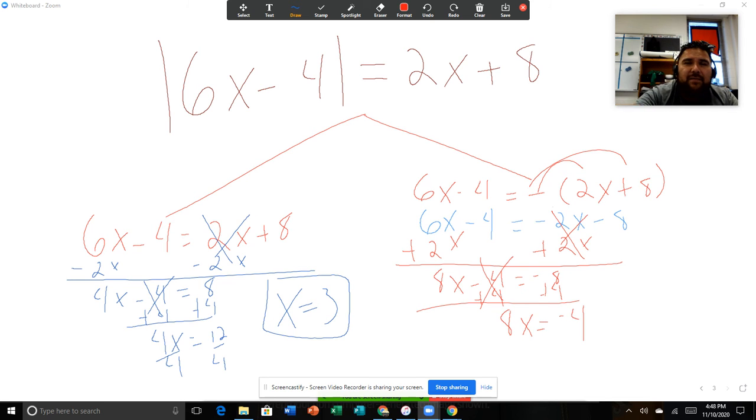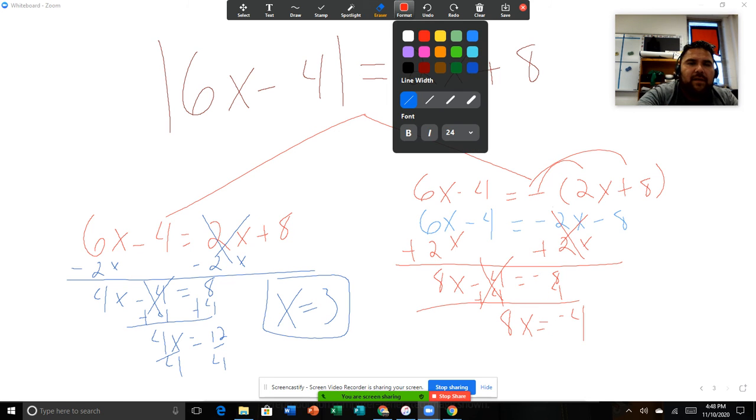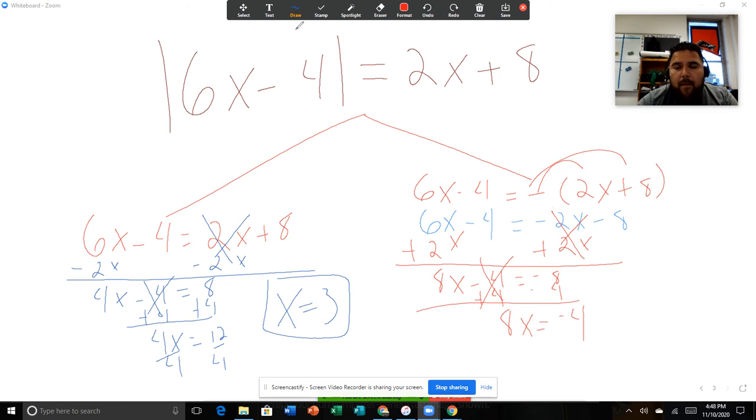Because we added 8 to both sides. Or sorry, we added 4 to both sides. My apologies. Okay, divide both sides by 8. X equals negative 1/2.